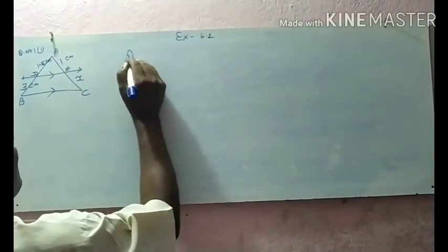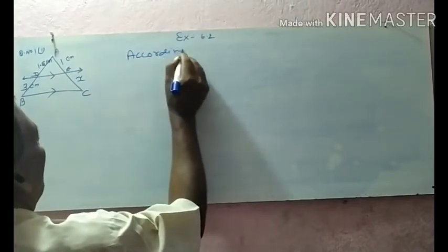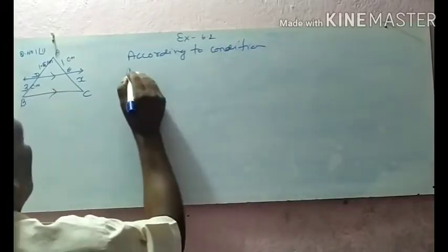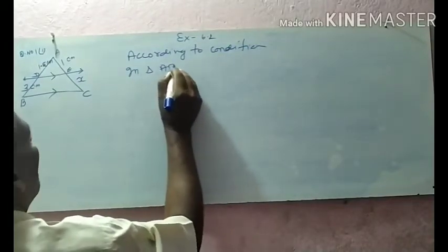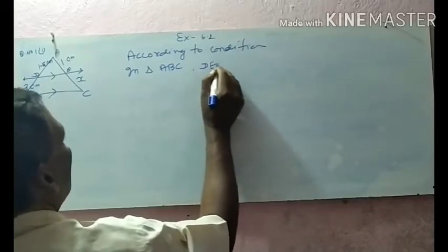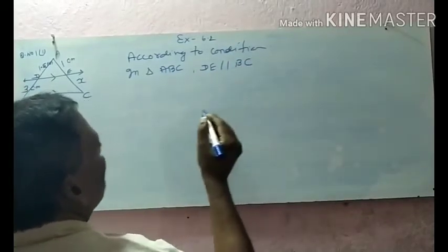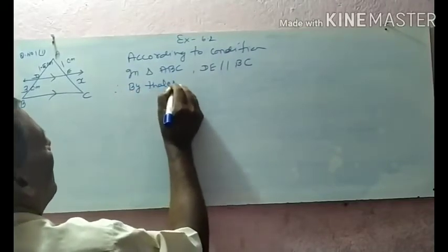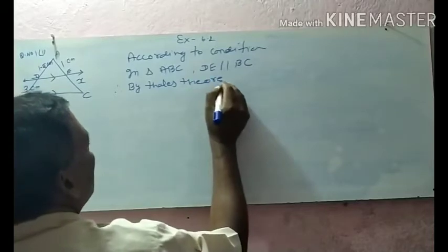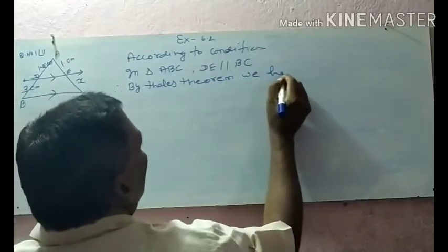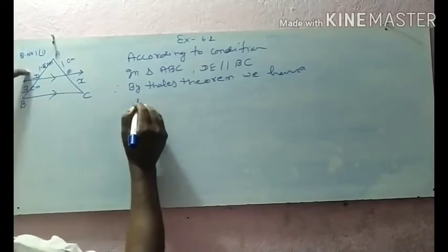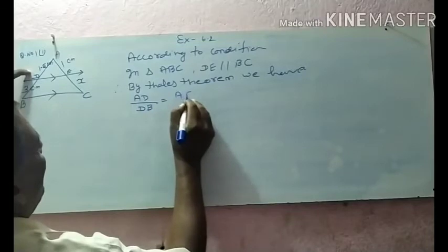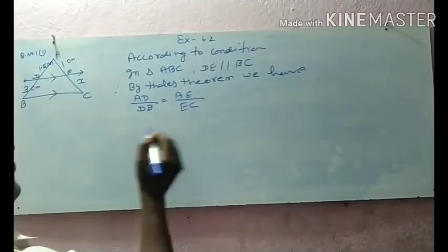According to the condition, in a triangle ABC, DE is parallel to BC. Therefore, by Thales theorem, we have AD by DB is equal to AE by EC.